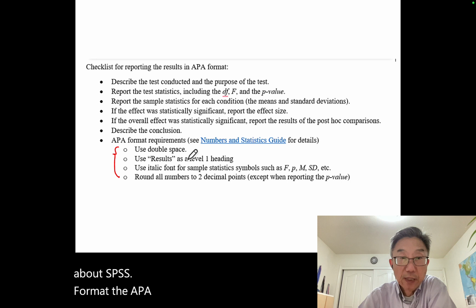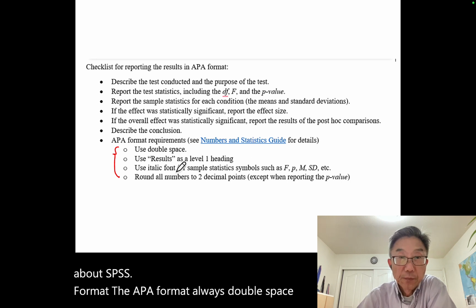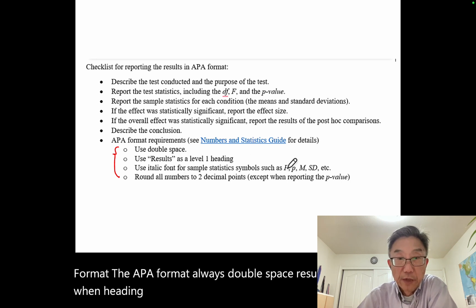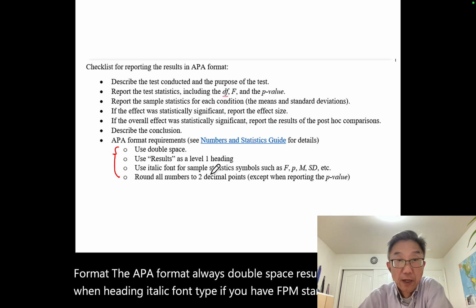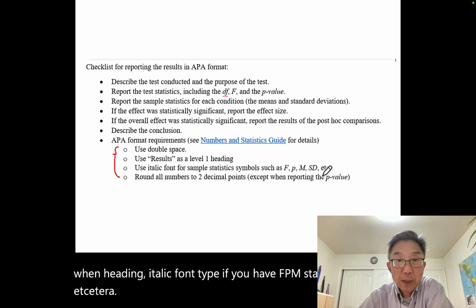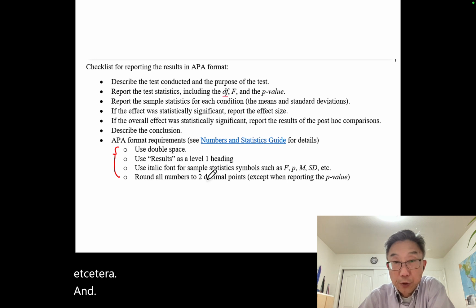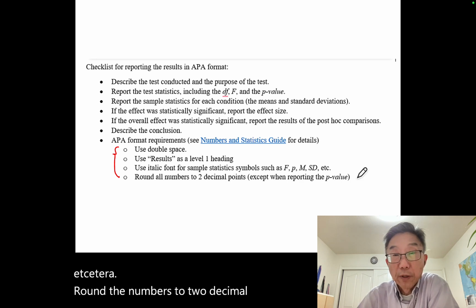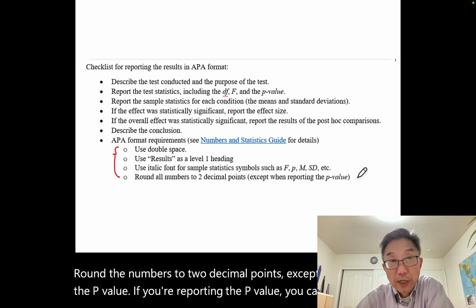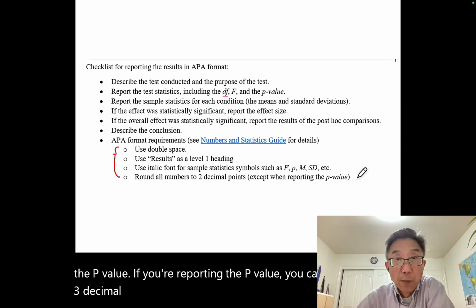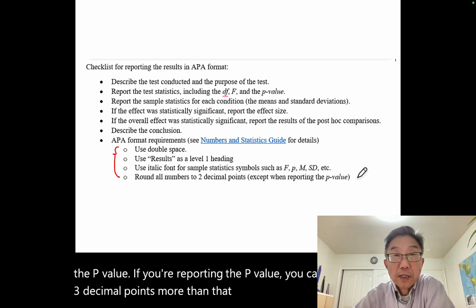Always double space, results as a level 1 heading, italic font type if you have F, p, M, standard deviation, etc. And round the numbers to 2 decimal points, except when reporting the p-value. If you're reporting the p-value, you can report 3 decimal points. More than that is less than 0.001.